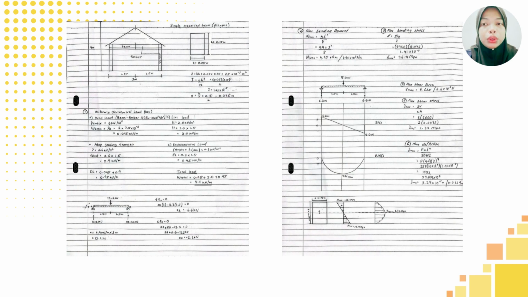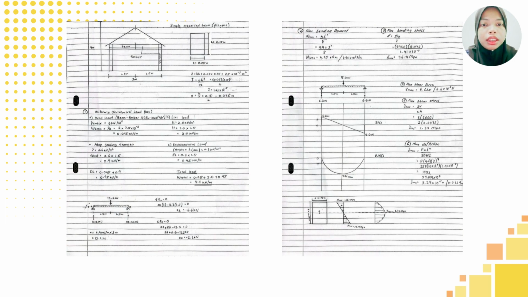The loads are first identified and converted into a UDL. So the total UDL on the beam is calculated as 4.4 kilonewton per meter, consisting of dead load 0.95 kilonewton per meter, then live load 3.0 kilonewton per meter.